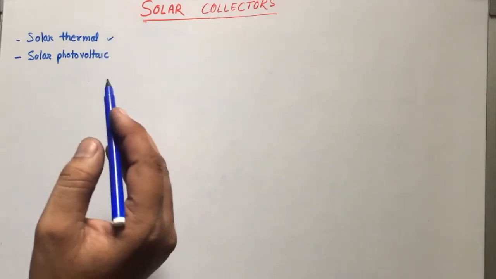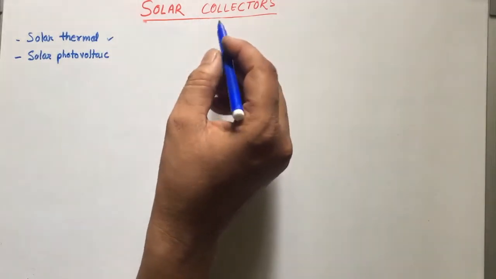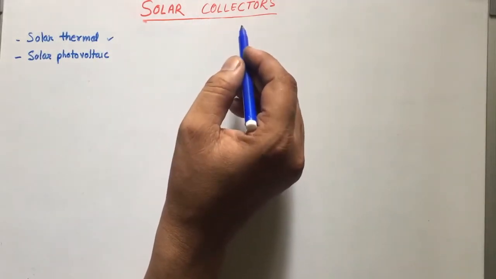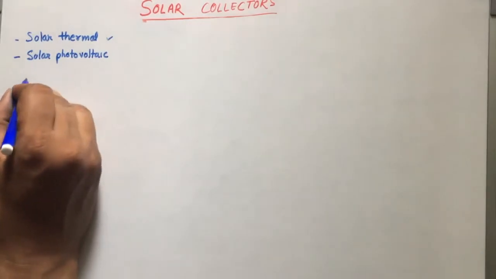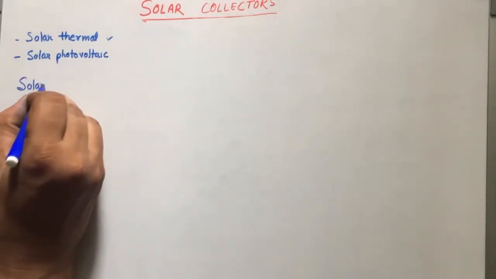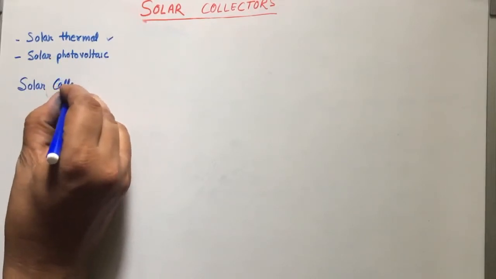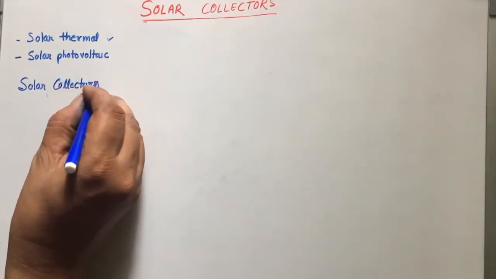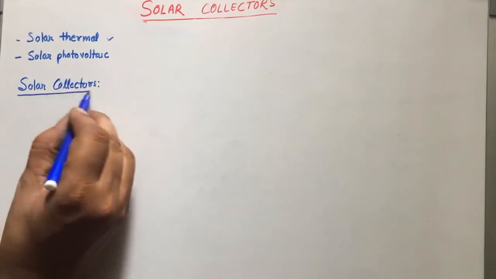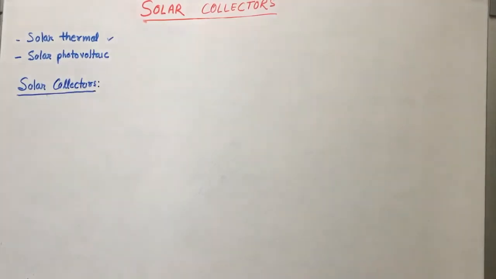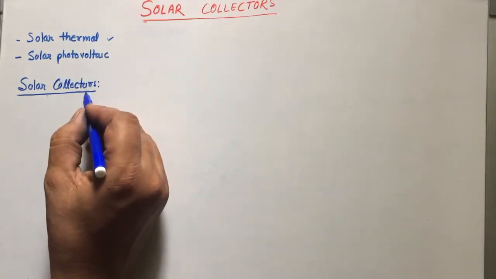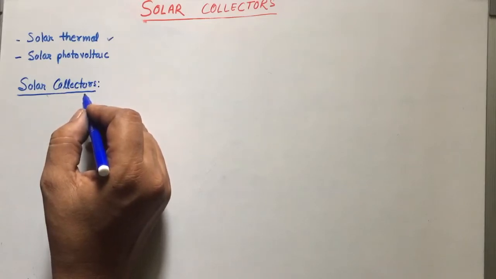So in that direction, we start with solar collectors. From the name itself we can judge what it can be. Actually, solar collectors collect the radiations heat directly coming from the sun.